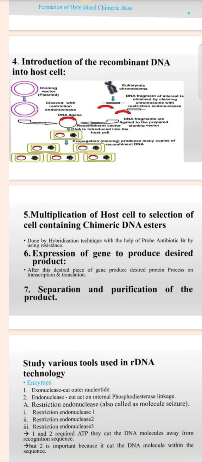Then the fourth one is microinjection. Microinjection means rDNA is introduced into a plant cell, animal cell or egg by syringe. This method is known as microinjection.